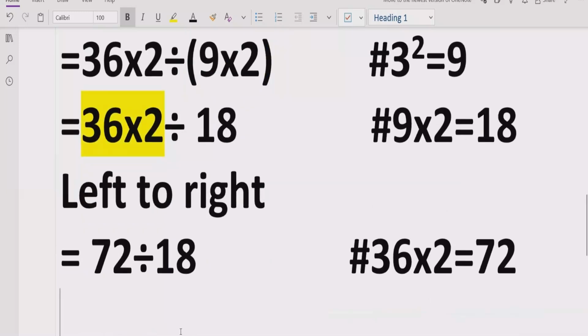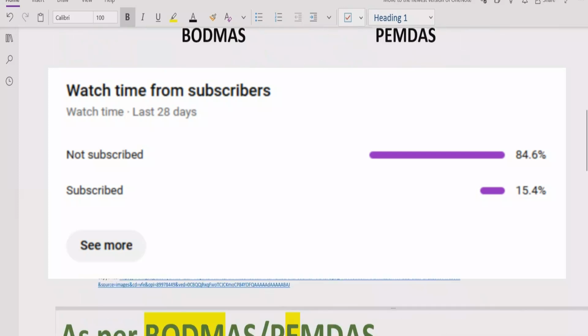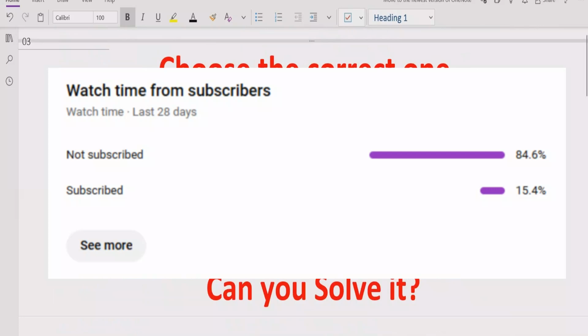Now we have two terms which are dividing each other. So 72 divided by 18, we get the answer 4. So the answer of the given expression is 4. If you go to the answer list, answer C is the correct answer of this expression.